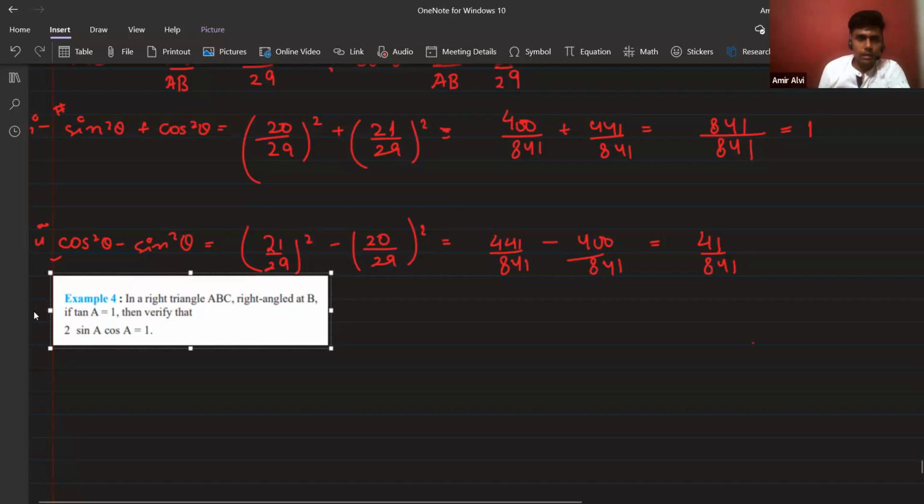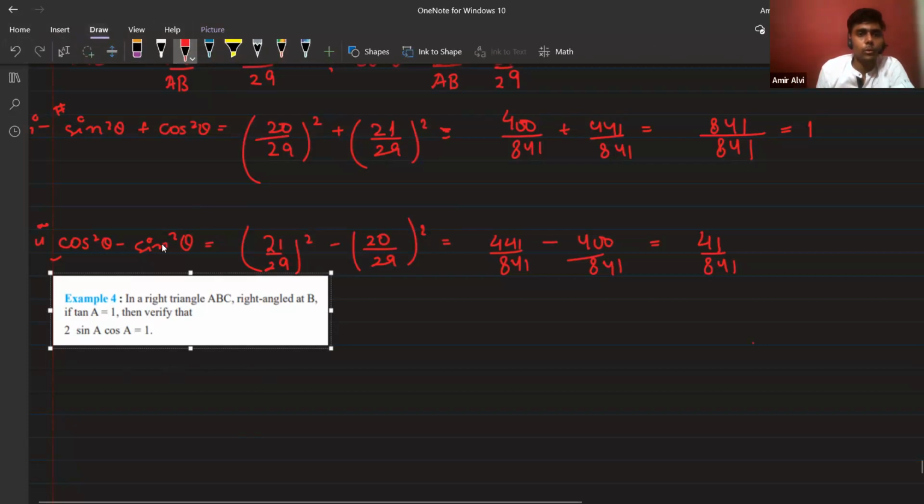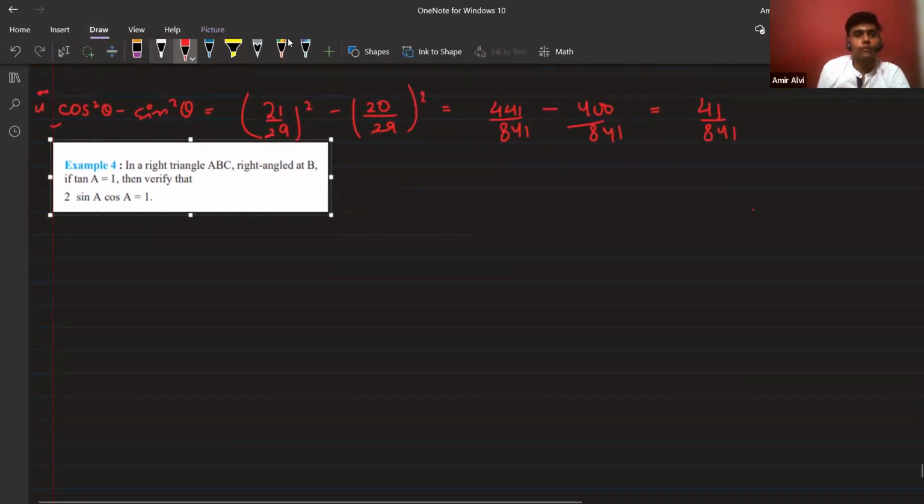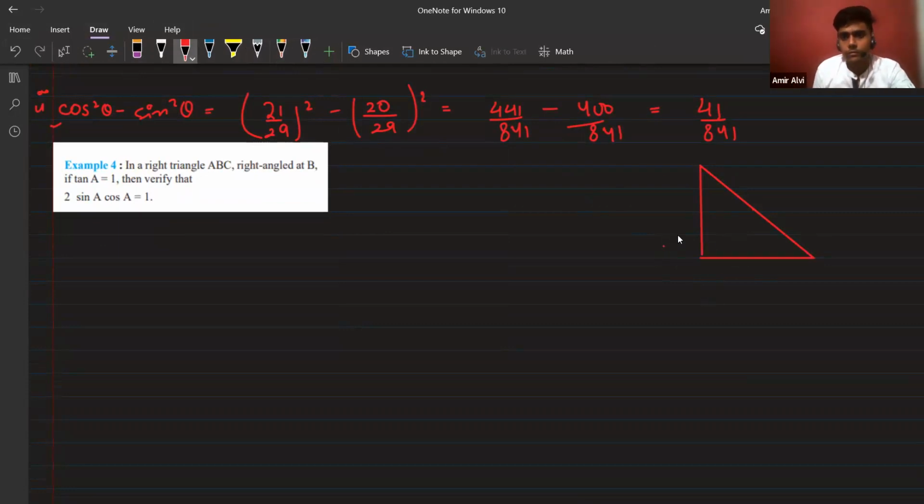So, first, let's take the example. Let me draw a triangle so that you can visualize things better. This is 90 degrees.